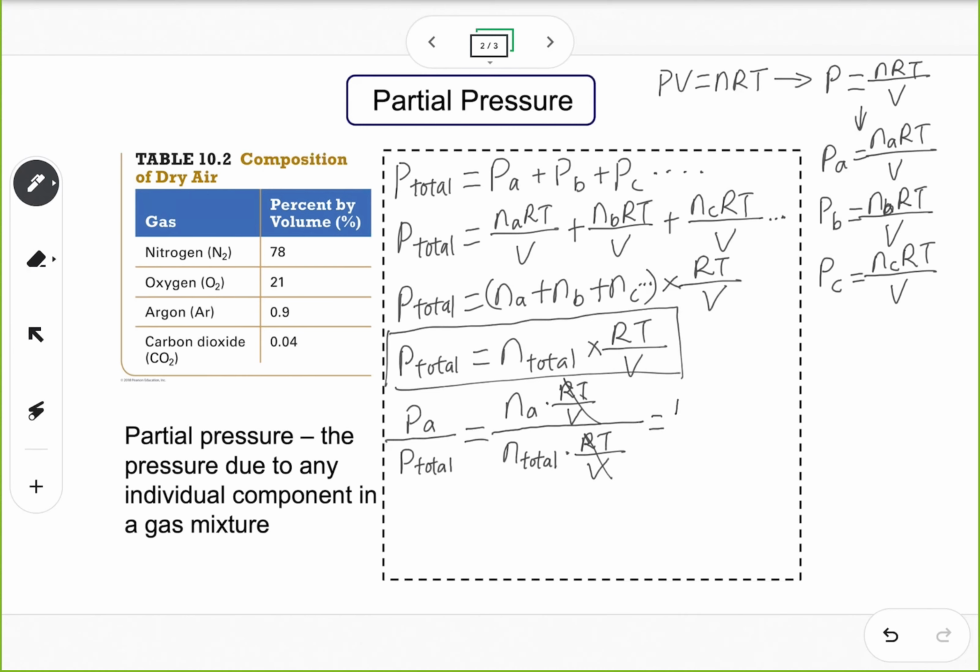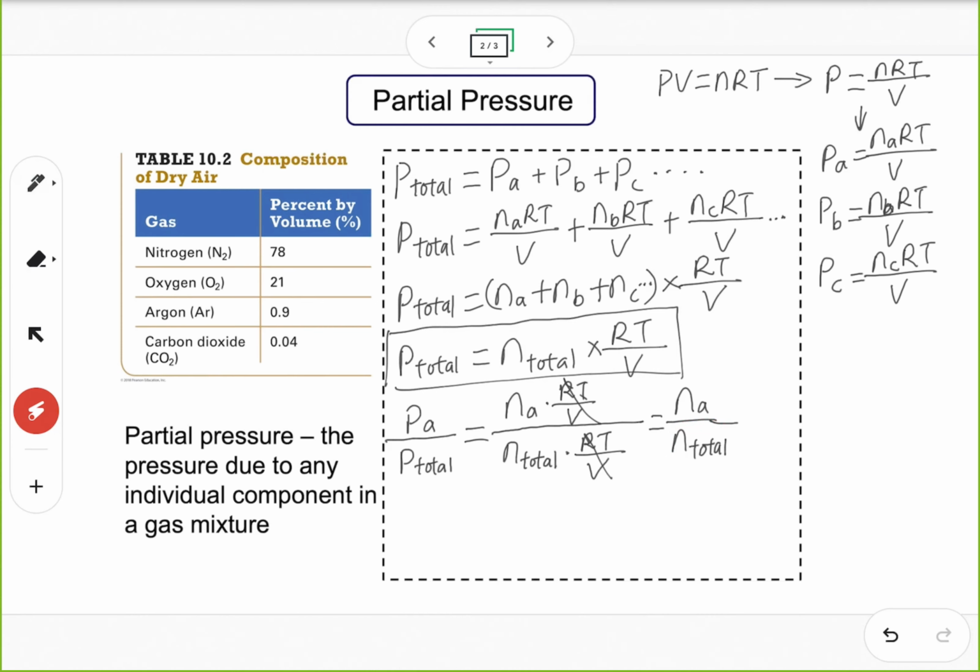And so PA over P total equals NA over N total. It looks like the ratio of the partial pressure over the total pressure equals the mole number of gas component A over the total mole number.